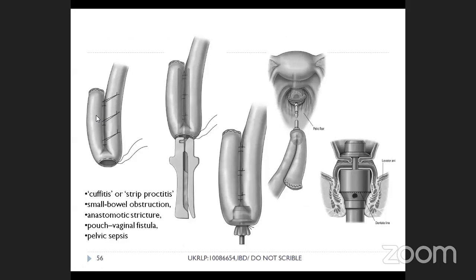This is a J pouch, where stay stitches are applied on the ileum, and a stapler, TLC 55 or 75, is used depending on the need of the patient.